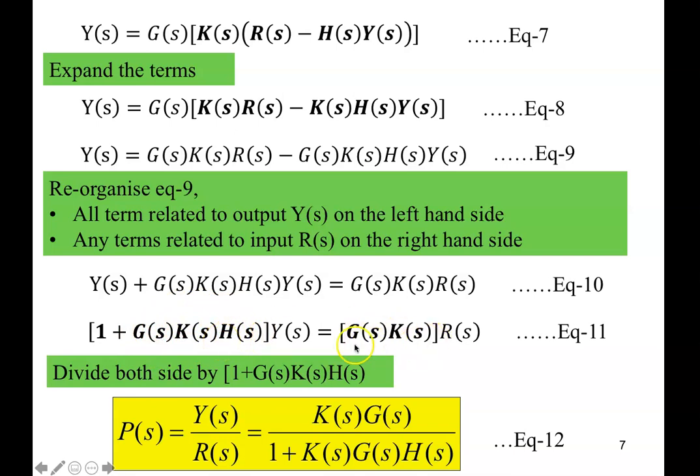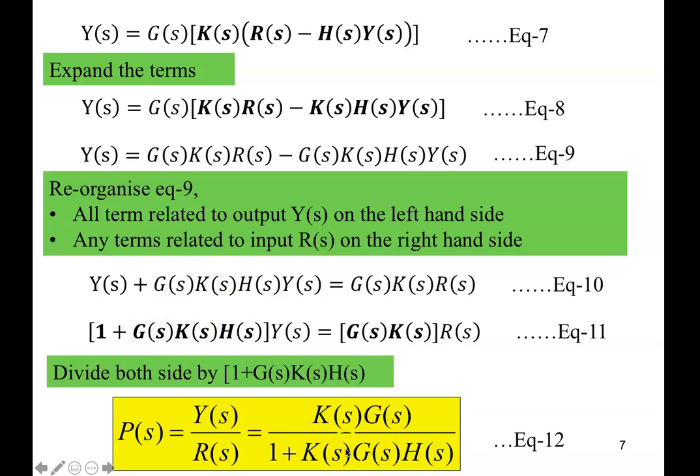Divide this by what's in the bracket, so that it becomes G times K over 1 plus G times K times H. So Y equals this divided by that. This middle bit is my transfer function.